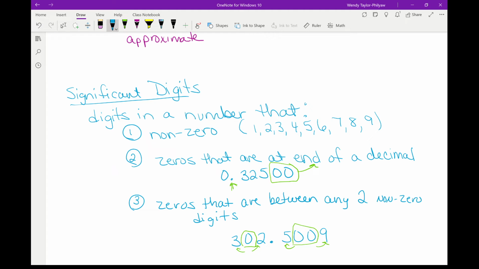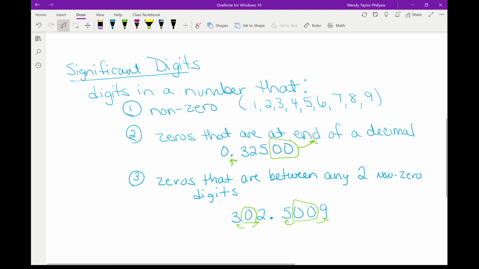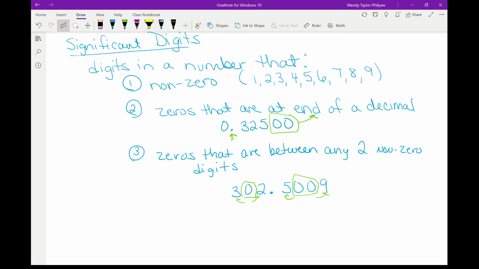So that sounds like pretty much all our digits, 0 through 9, but there are some zeros that are not considered significant, because they are only used for placement of a decimal.